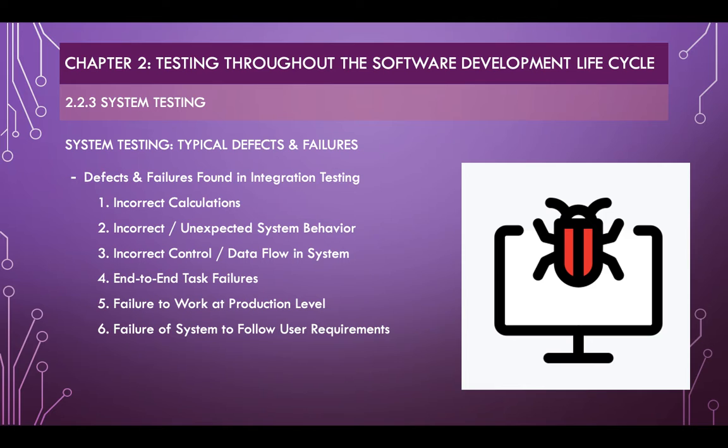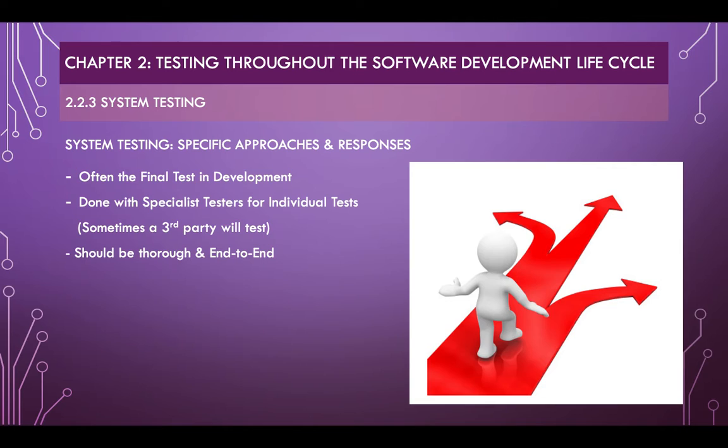Typical defects and failures are incorrect calculations, incorrect or unexpected system behavior, incorrect control or data flow in the system, end-to-end task failures, failure to work at production level, or failure of the system to follow user requirements.